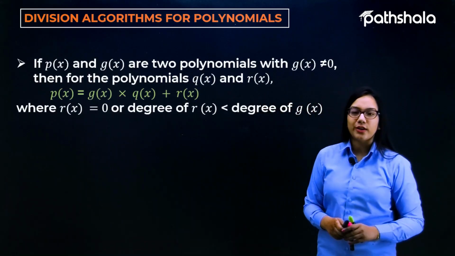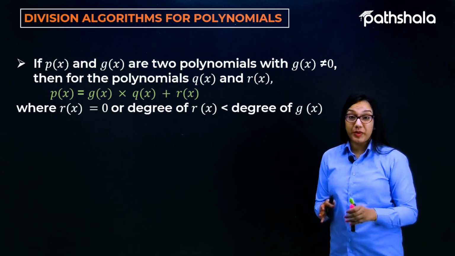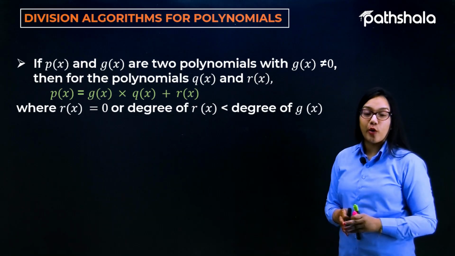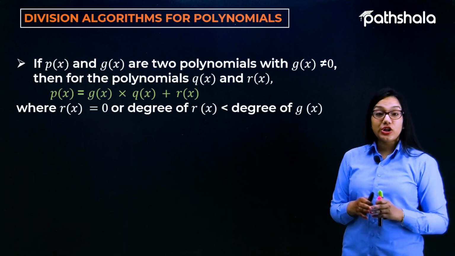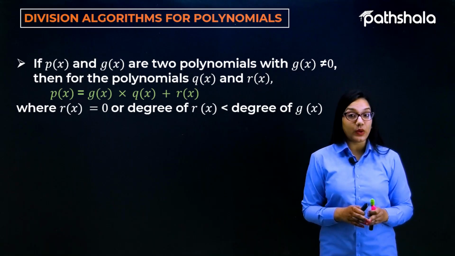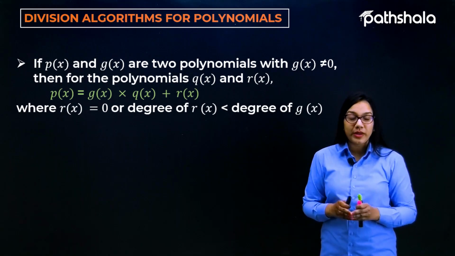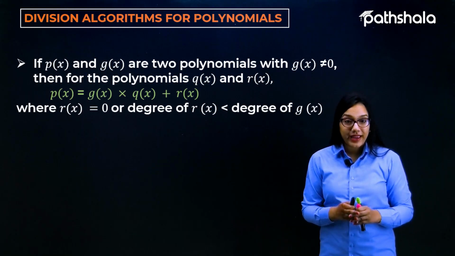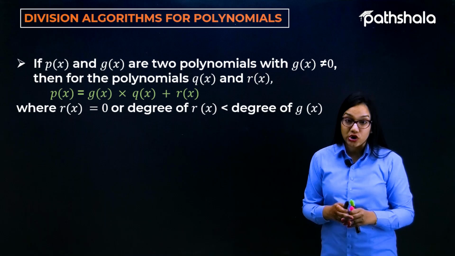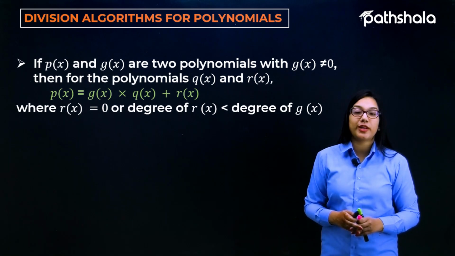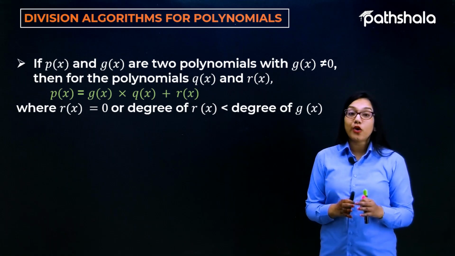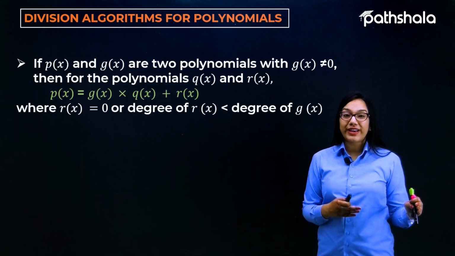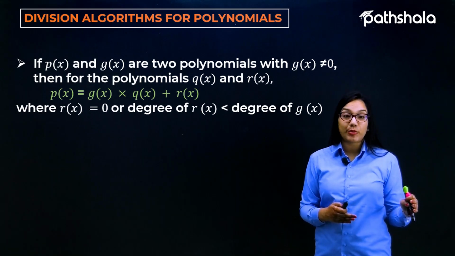Let us suppose we are talking about any two polynomials, p of x and g of x, with the condition that the g of x polynomial can never be equal to 0. Then polynomials q of x and r of x should exist such that p of x can be represented as g of x into q of x plus r of x, where p of x is the dividend.